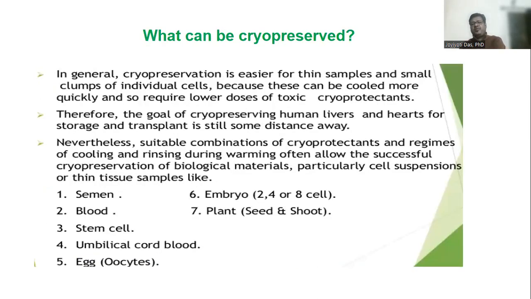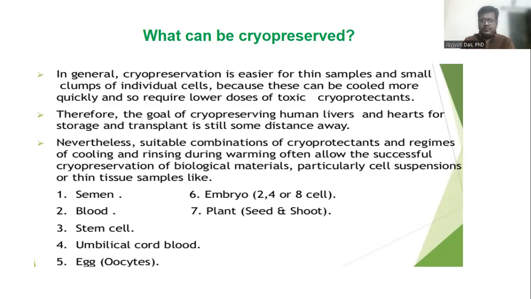So what can be cryopreserved? In general, cryopreservation is easier for thin samples and small clumps of individual cells because these can be cooled more quickly and so require lower doses of toxic cryoprotectants. In general, DMSO is toxic to cells, but it exerts low toxicity, which is why it has been used as a cryoprotectant.